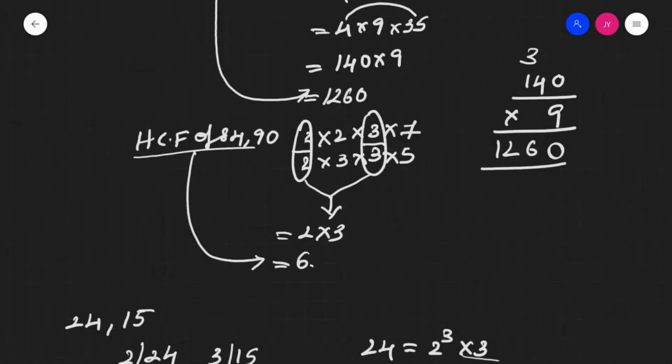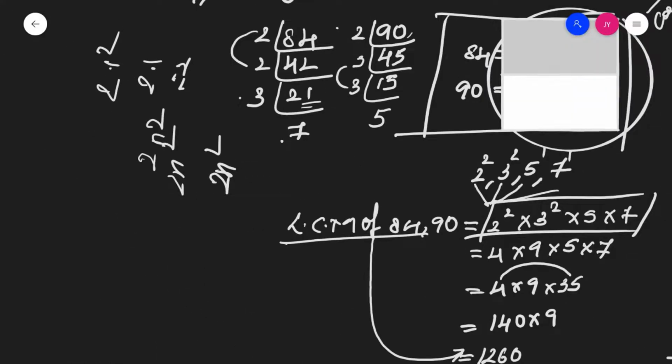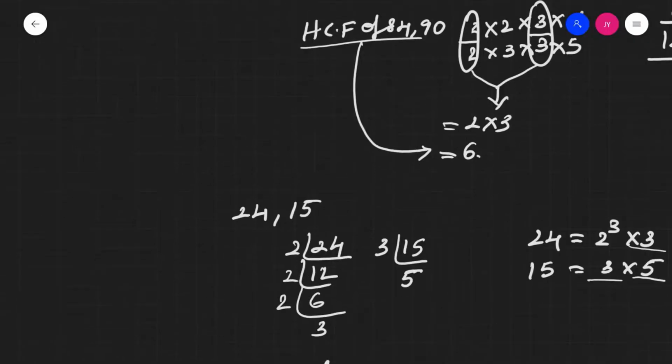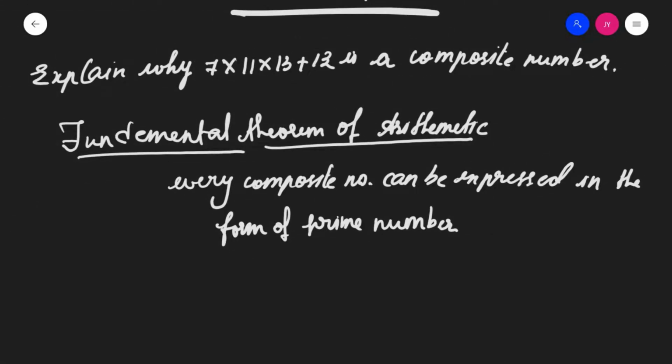So in this sum we expressed 84 as 2 into 2 into 3 into 7. We just read that every composite number can be expressed as a product of primes. As 84 is expressed as a product of primes, like 2, 3, 7 which are prime numbers, 84 is a composite number. So that is the fundamental theorem of arithmetic. It is just composite numbers which can be expressed in the form of prime numbers.